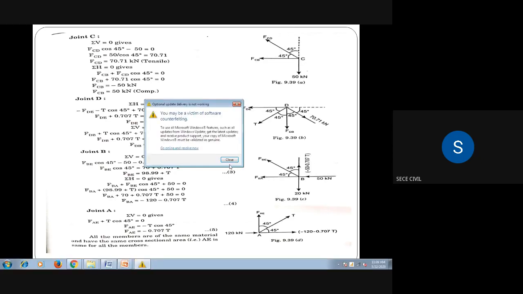At joint C, the force in member CD is acting, and you name it FCD. The CB member is also at joint C, and you name that force FCB. And there is a vertical downward load of 50 kilonewton.